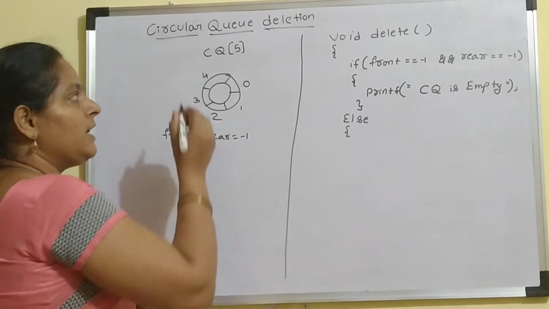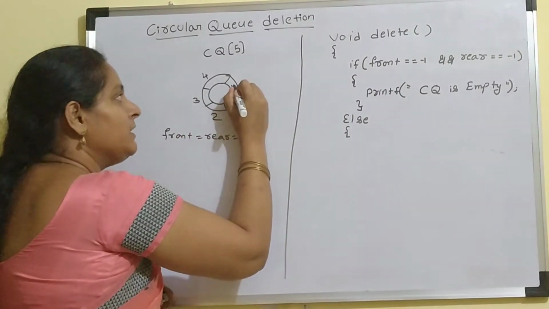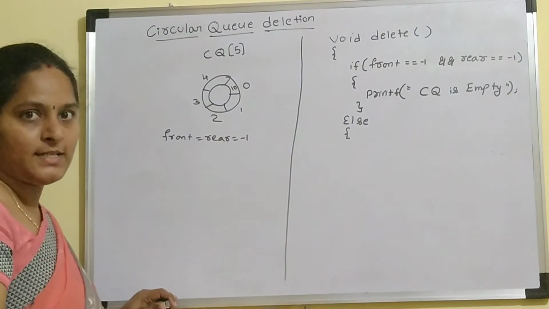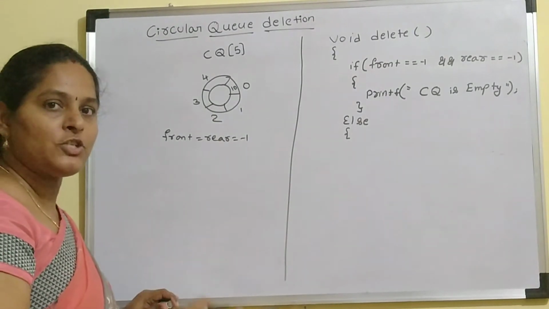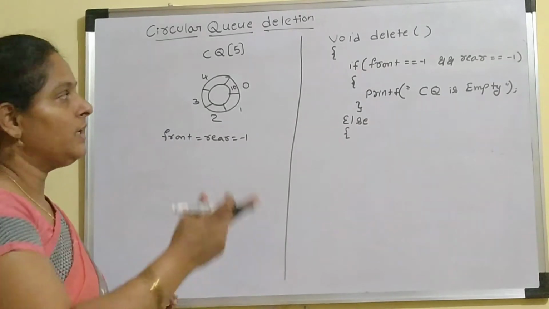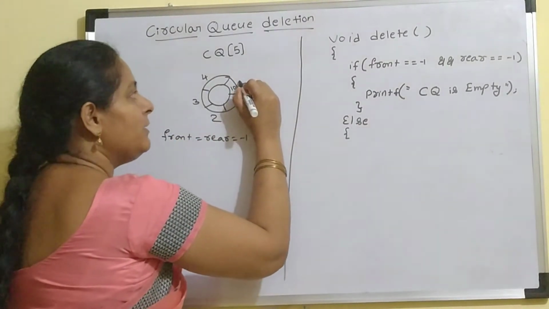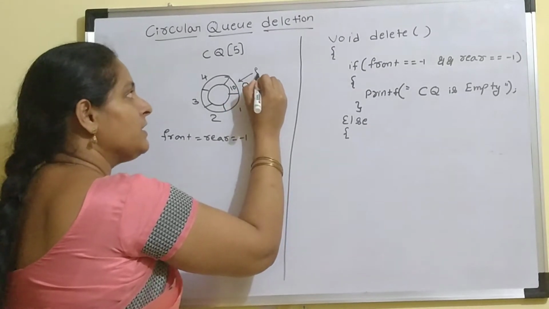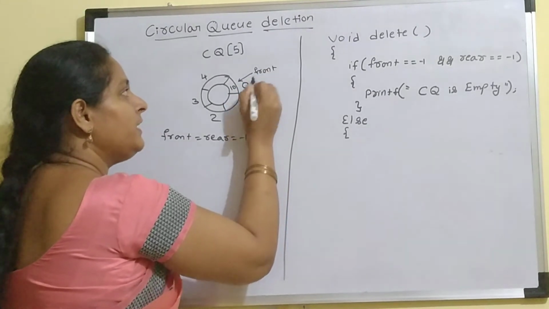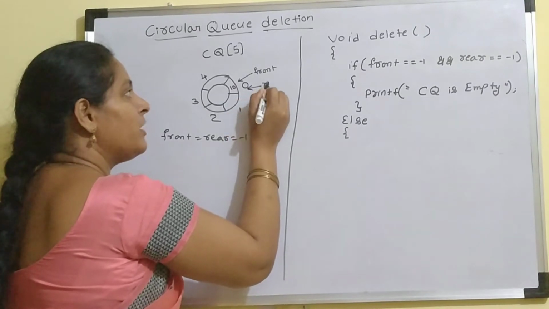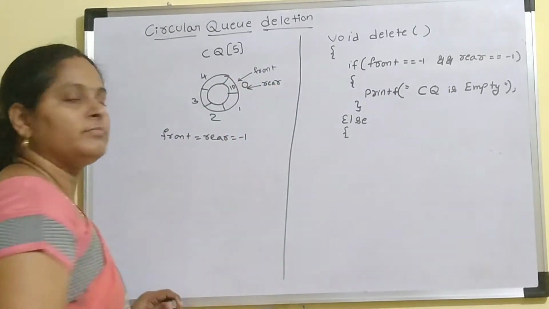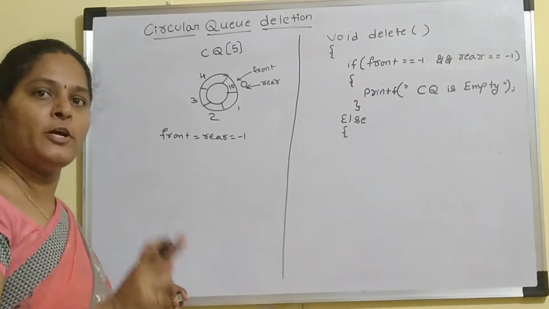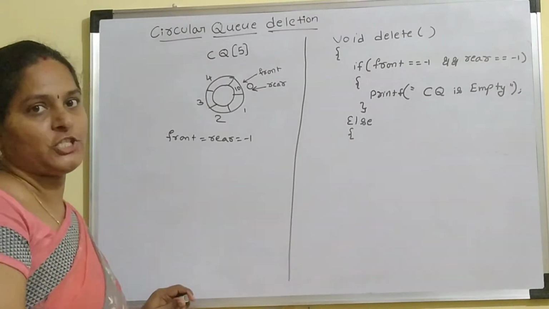Just assume that I already have one element in the circular queue. In the previous video, I already explained how to insert the elements, and while performing the insertion, which pointer we need to increment. Let us assume that I have one element in the circular queue. If there is one element in the circular queue, both front and rear pointers point to the same element, the same location.